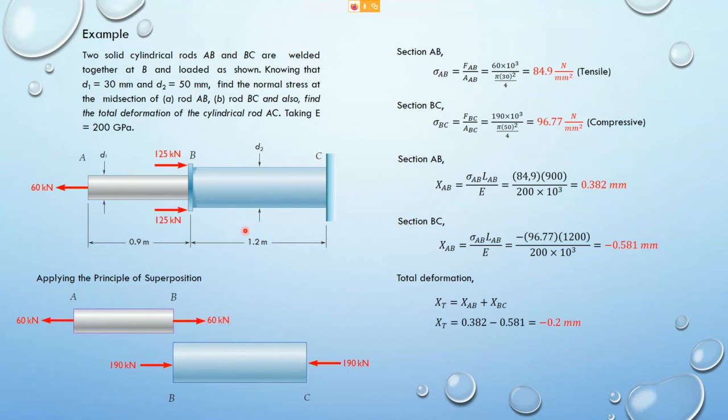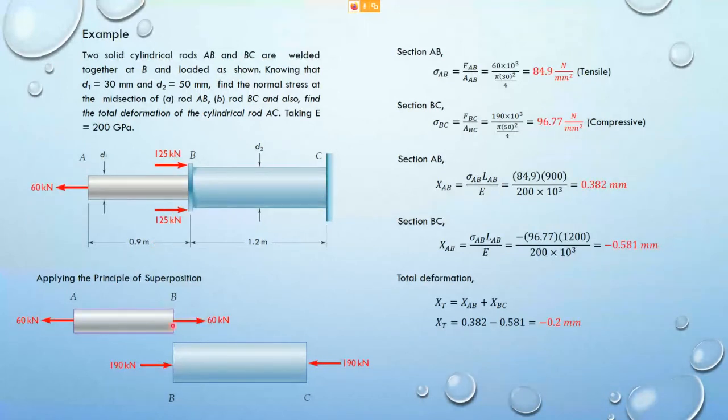So when you consider the second part, section BC, at section B again, what we have to do is add whatever is lacking. Here we have 60, but the original is 250. So that means you have to add another 190 in the same direction as what is shown here.